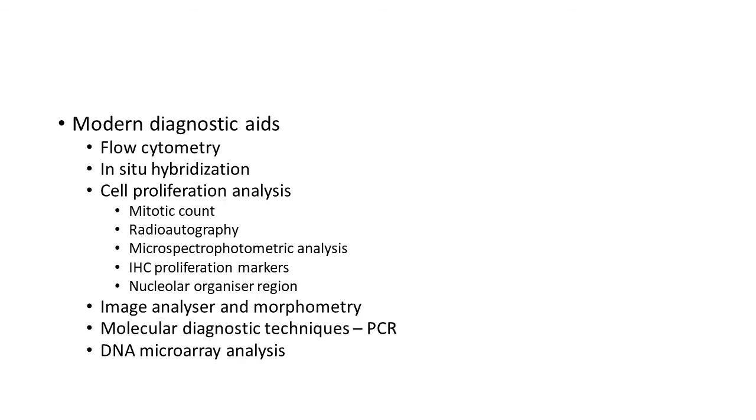Coming to modern diagnostic aids, one is flow cytometry. Here, single cell suspensions are required to flow through the cytometer, and it can be employed on mostly blood cells or bone marrow aspirate. Another modern technique is in situ hybridization.